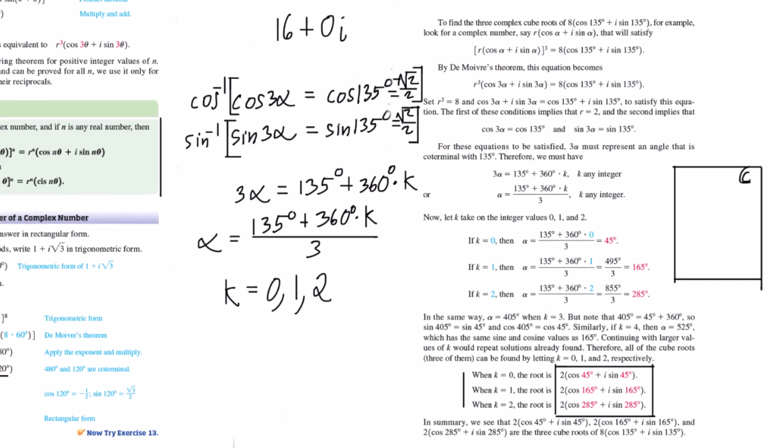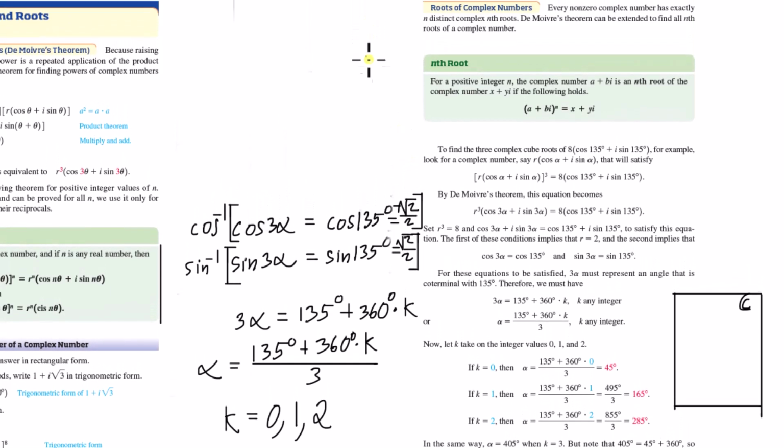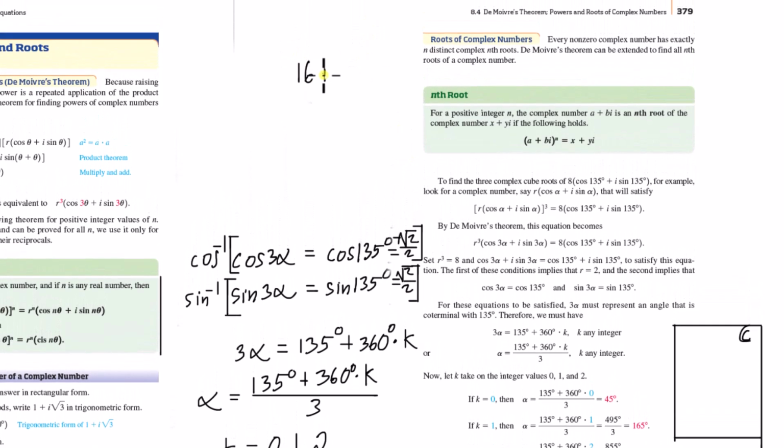Now, 2 of those are going to be, okay, the 4th roots of 16 plus 0i. One is going to be 2 plus 0i. And another one is going to be -2 plus 0i.